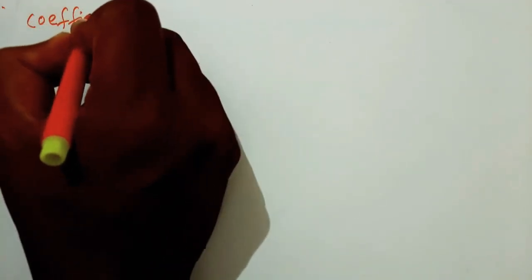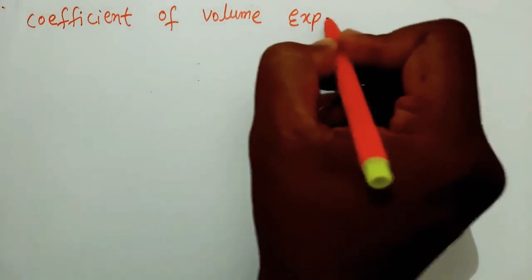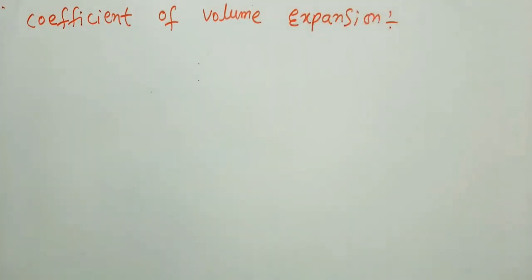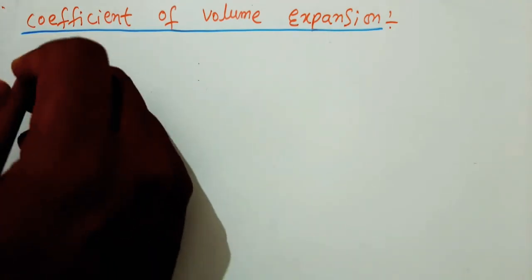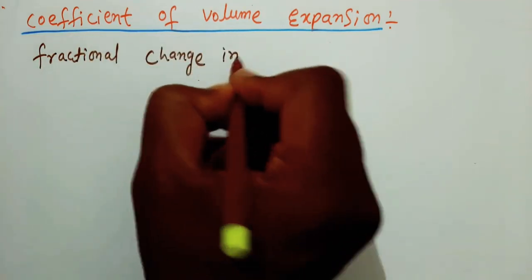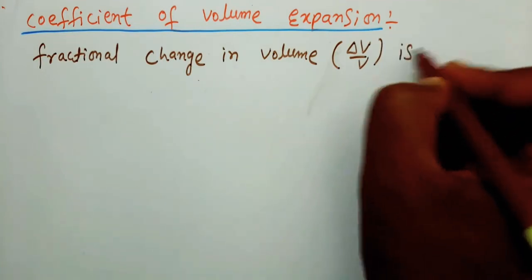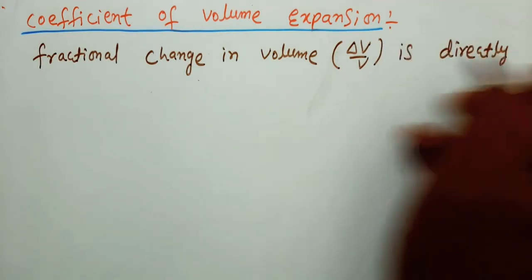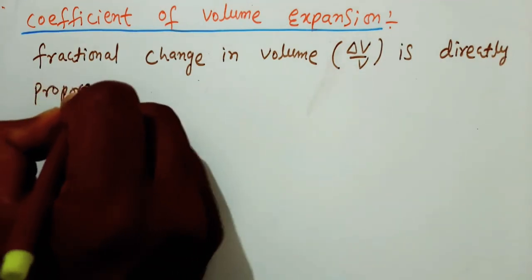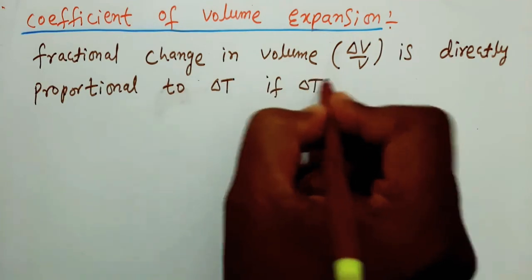Coefficient of volume expansion. Fractional change in volume, that is del V by V, is directly proportional to del T, if del T is small.